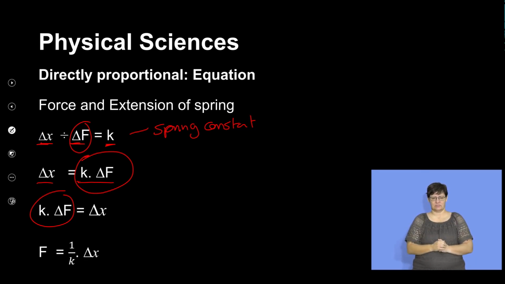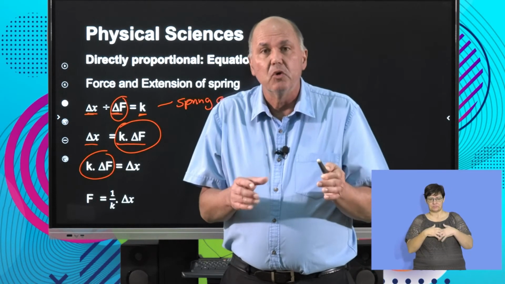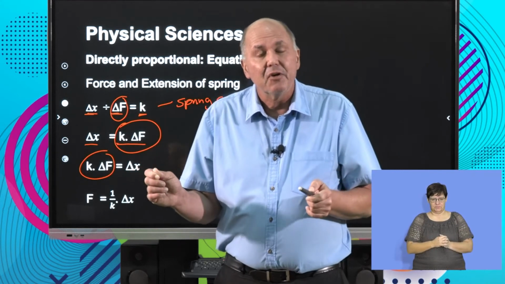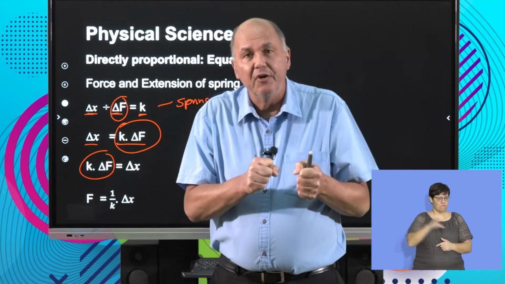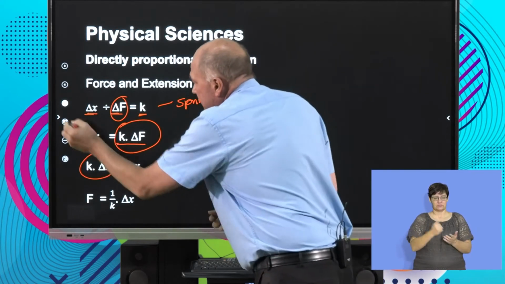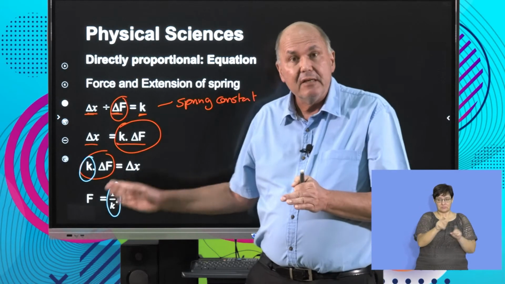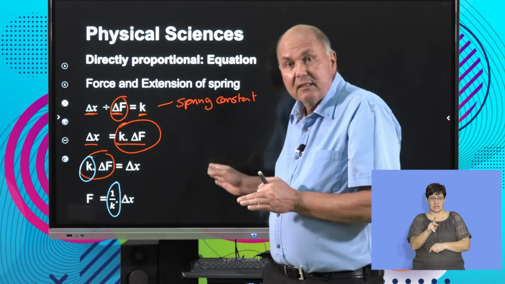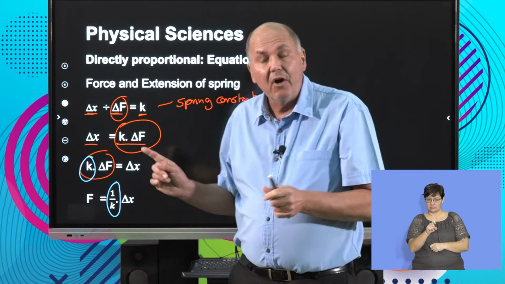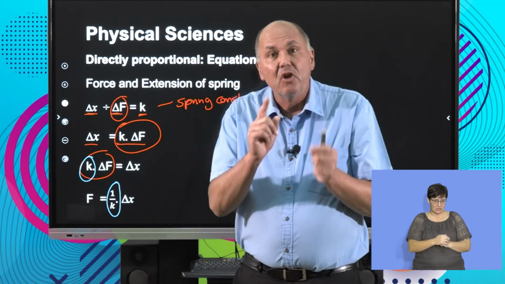But guys, I really want to be able to solve for what force is going to cause a certain extension. So if I want to know force on its own, I'm going to have to take the k that I originally had and divide both sides by it, and I'll get a 1 over k there. Now, if the equation is written like this, F is equal to 1 over k times delta x, then what I need you to understand is that 1 over k is not the gradient.